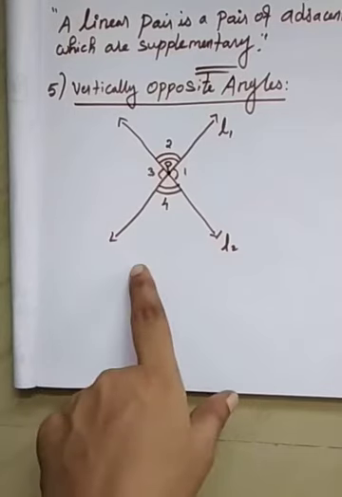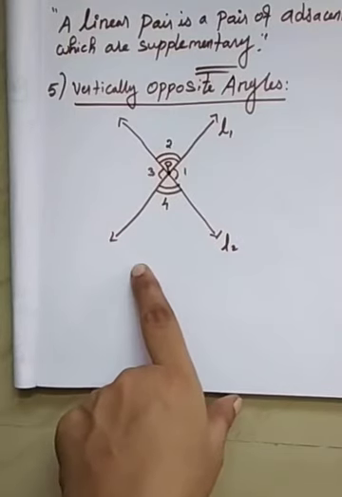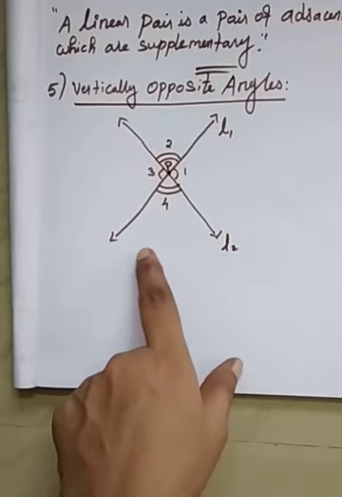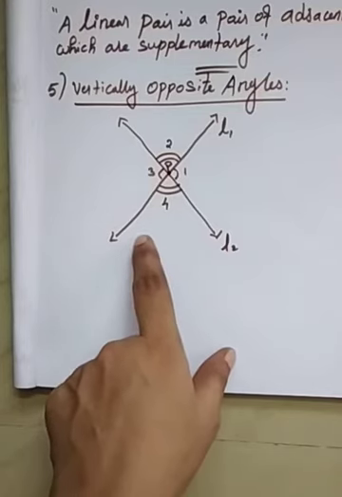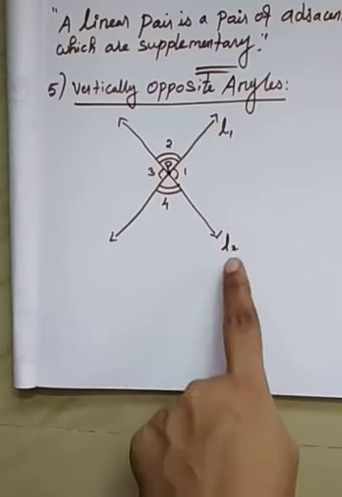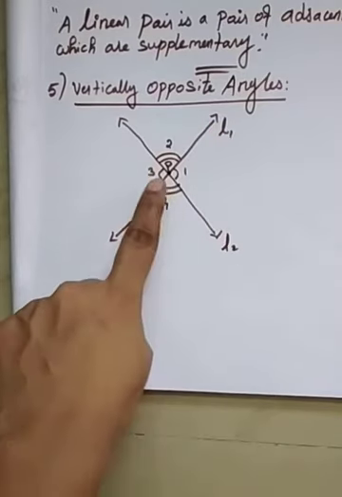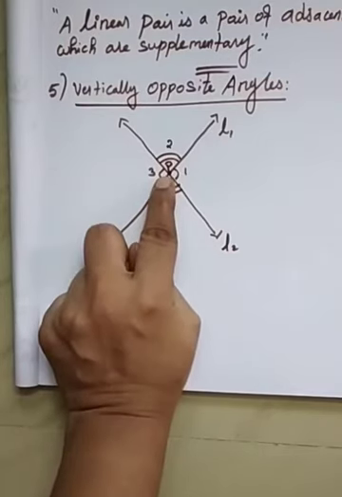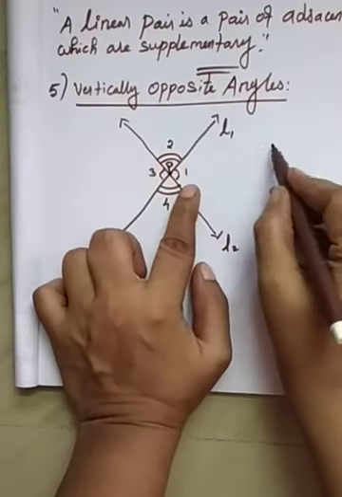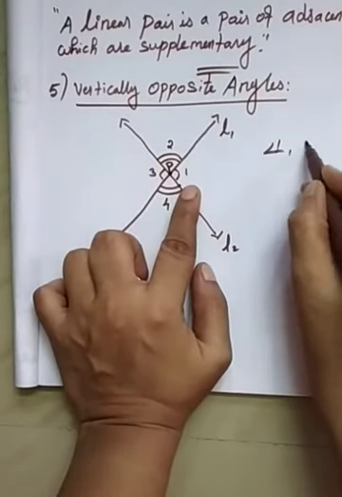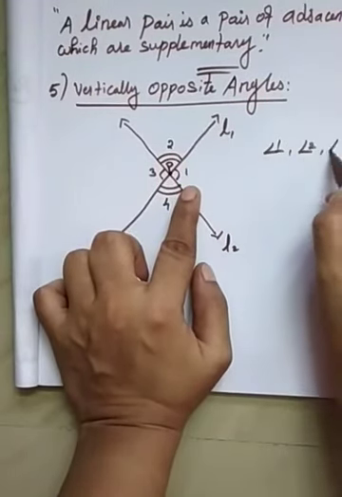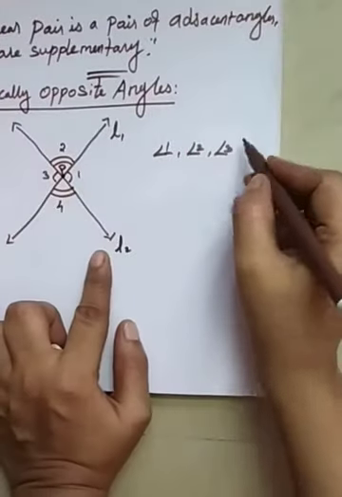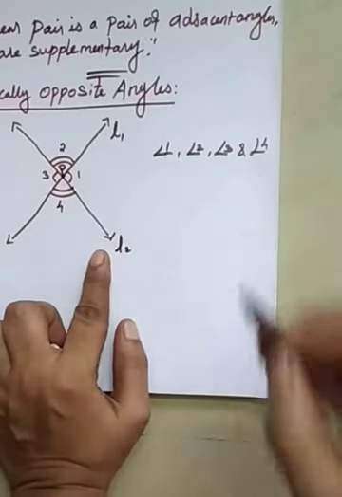In earlier classes, you have learnt that two lines intersect only at one point. Now, let us consider two lines L1 and L2 intersecting at a point P. Let us name our four angles formed as angle 1, angle 2, angle 3 and angle 4.